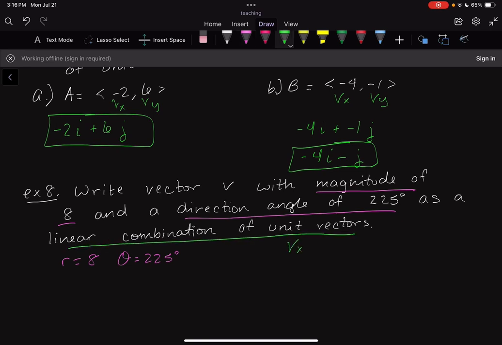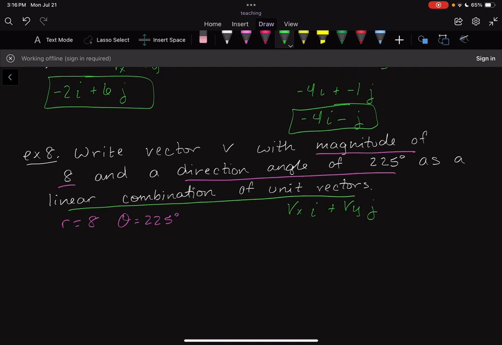So that's going to be vx times i plus vy times j. The only difference between this one and the example we did earlier, where I gave you r and theta but asked for component form, is how we're going to write it at the end. Everything else is roughly the same.